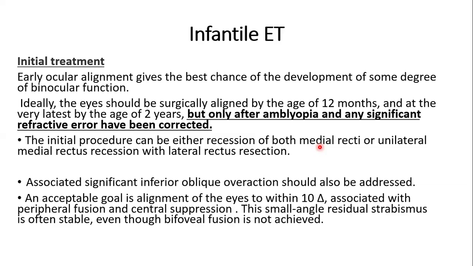So you will have more proper planning for the surgery. Actually, one of the schools, the very early approach, said that we should do it before the age of 1 year, so the child will have more stereopsis. That is also an acceptable approach.